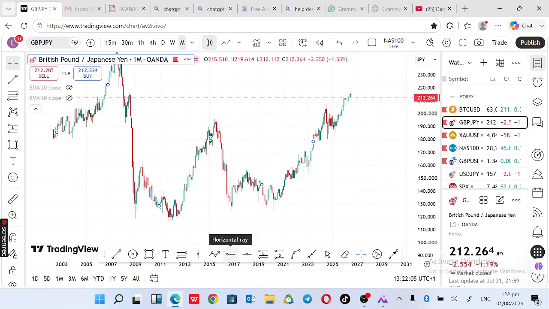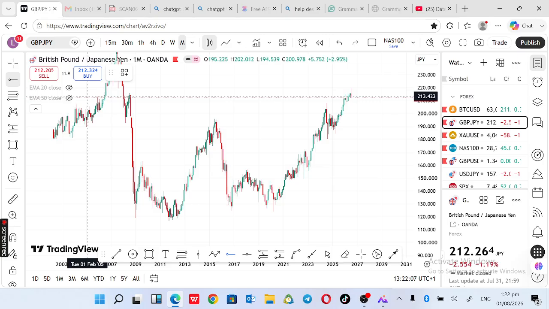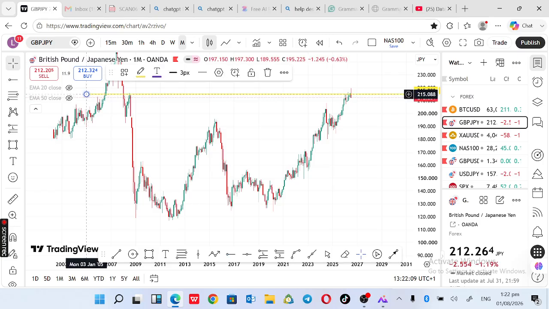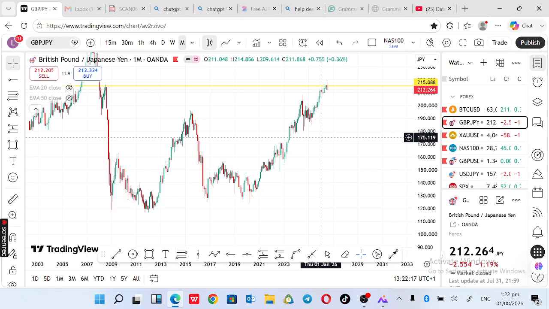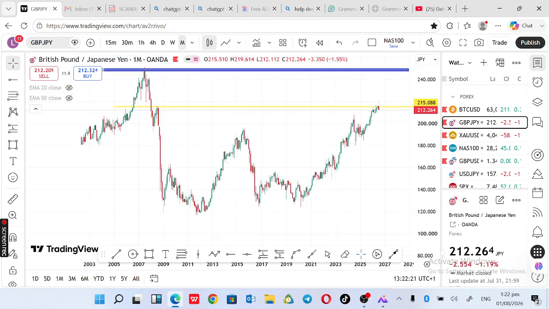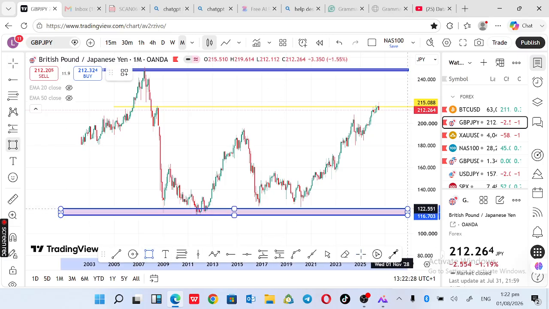But at the internal zone, we have this zone that will likely be retested and may likely break. So when it's broken, we will look at another entry. That is why you're having a retracement at that zone because of this particular level. Now we're going to mark our support at this zone.